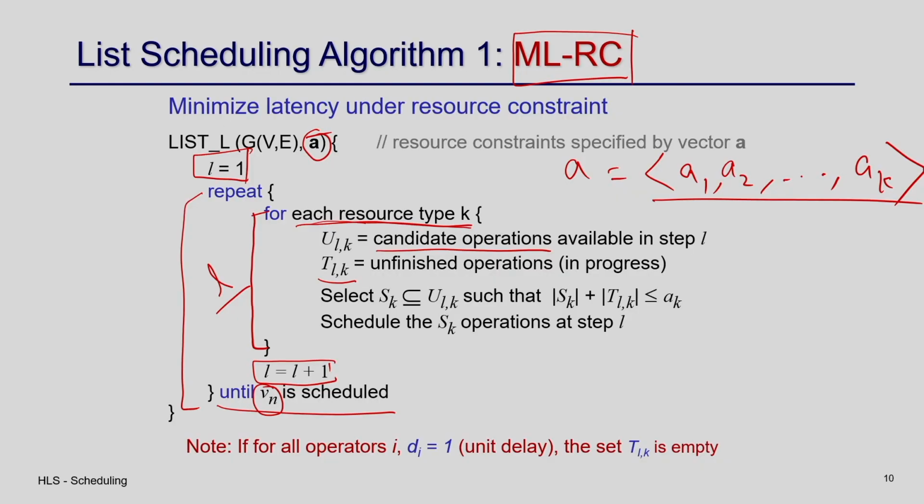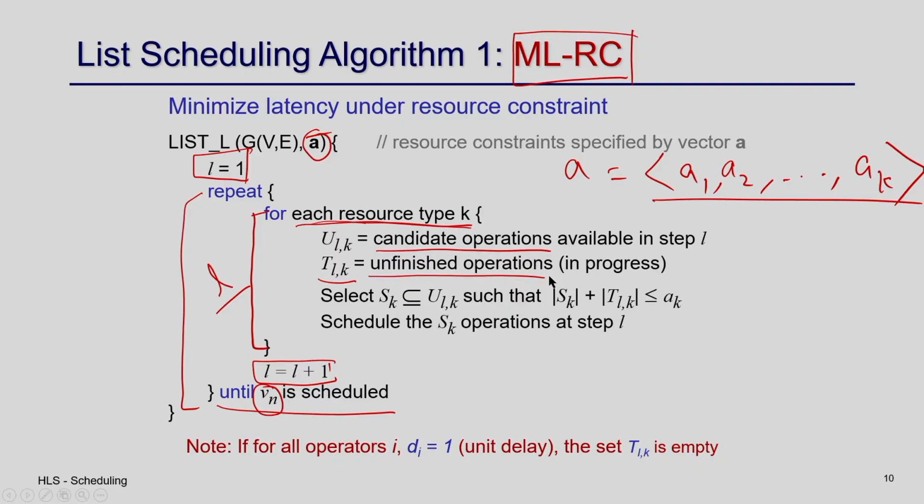It is not running in timestamp L. So, that is my ULK, and this TLK is all the operations that have started early but are still continuing, still running in timestamp L, those operations of type K, right. So, I have already identified the unfinished operations, and I need to make sure that I have resource for this, right. I cannot avoid this.